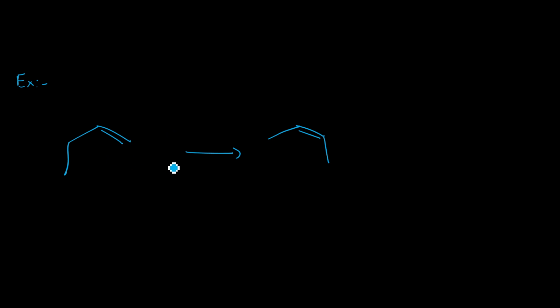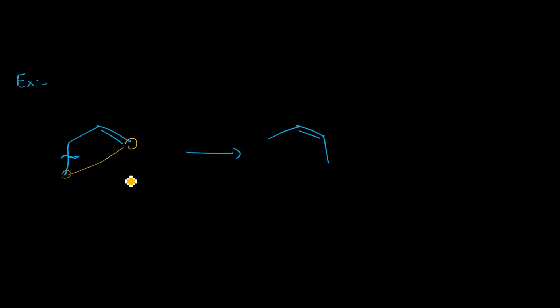We have only broken a specific bond and formed a new one. First thing you need to do is identify the bond which breaks. As you can see, this bond has to break, while a new bond is formed between this carbon and this carbon.